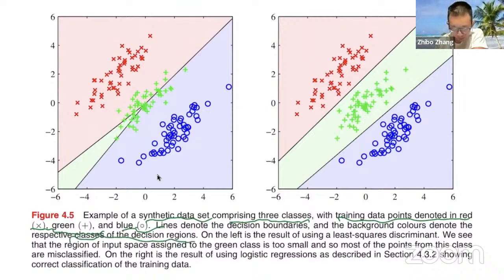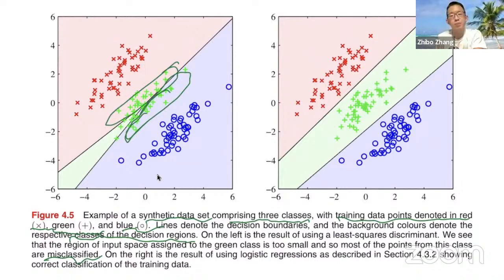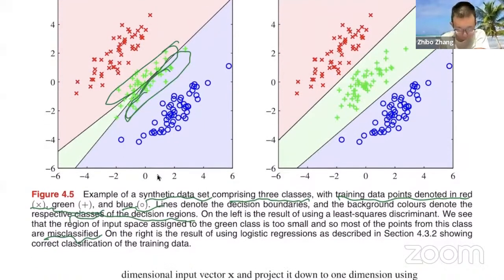On the left is the result of using the least squares discriminant. We see that the region of input space assigned to the green class is too small, and the majority of the green points are misclassified. So you see here, this area of green data points and this area of green data points are both misclassified as blue ones and red ones accordingly.